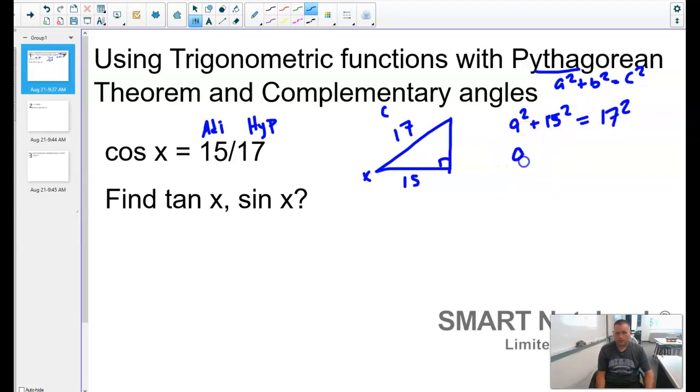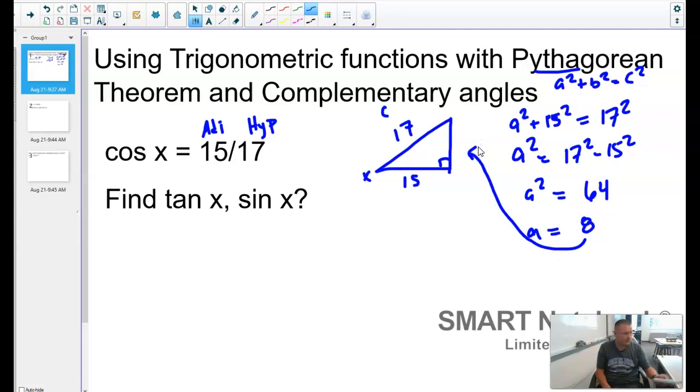And then a squared equals 17 squared minus 15 squared. So we're going to find out what value that is and then square root it. So 17 squared minus 15 squared gives me 64 here. And so that's what a squared is equal to. I've got to square root this, which means a is going to be equal to 8. So that's what this opposite side is.